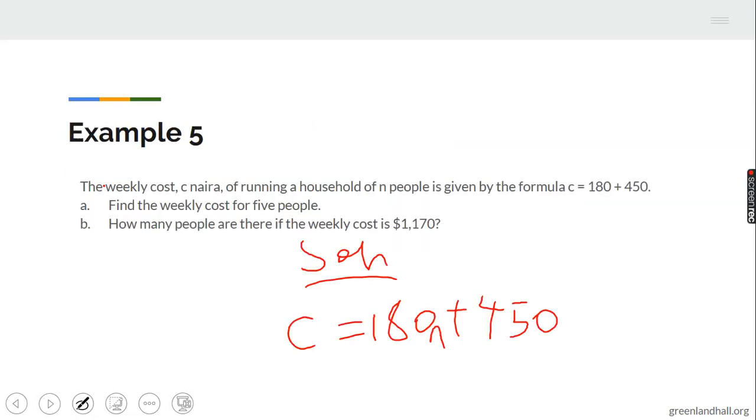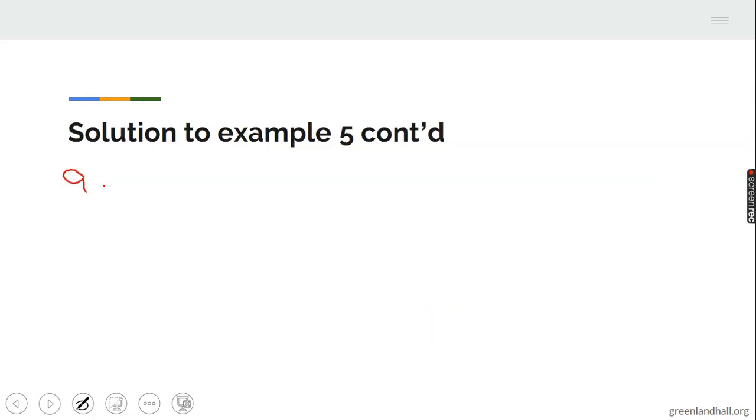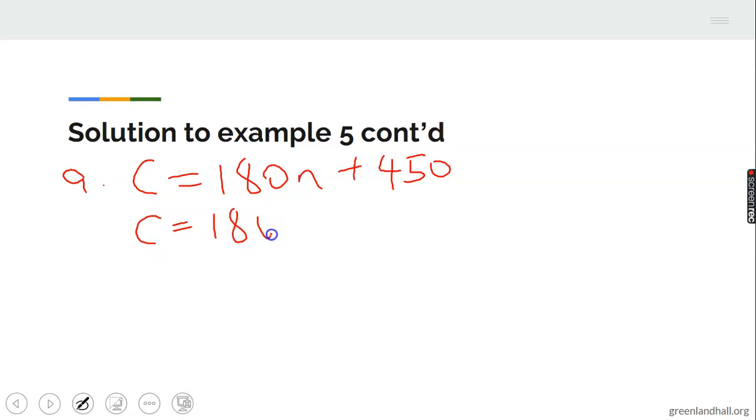Find the weekly costs for 5 people. That means your n is what? 5. You know, we have C to be 180n plus 450. When n is 5, that will be C equals 180 multiplied by 5 plus 450.